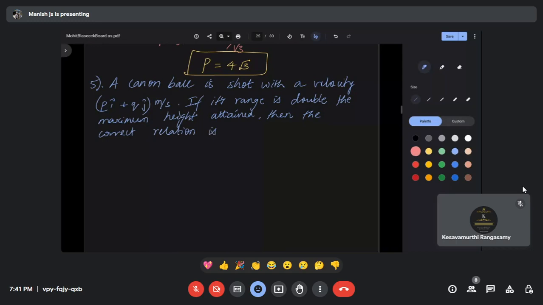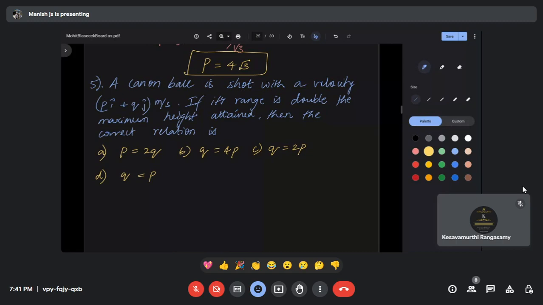I'm giving you the options now. Option A, p is equal to 2q. Option B, q is equal to 4p. Option C, q is equal to 2p. And option D, q equals p. So this is the question.